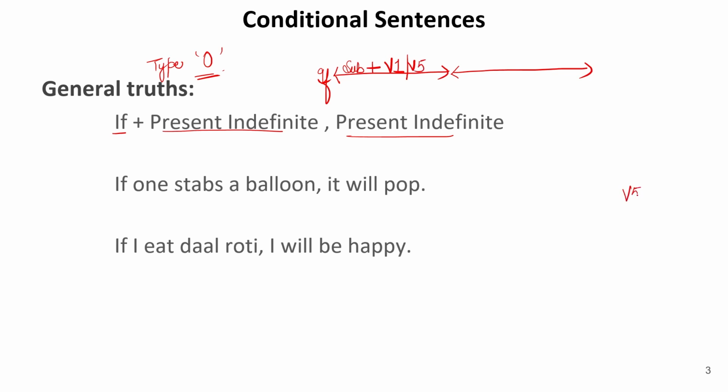Verb fifth form means verb with s or es, and verb first form is the base form of verb. And this part will again be subject plus verb first or verb fifth form. There is no imagination.